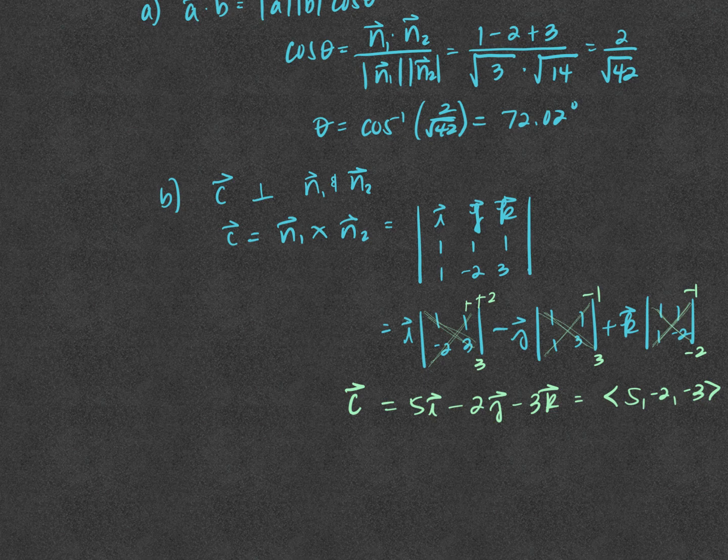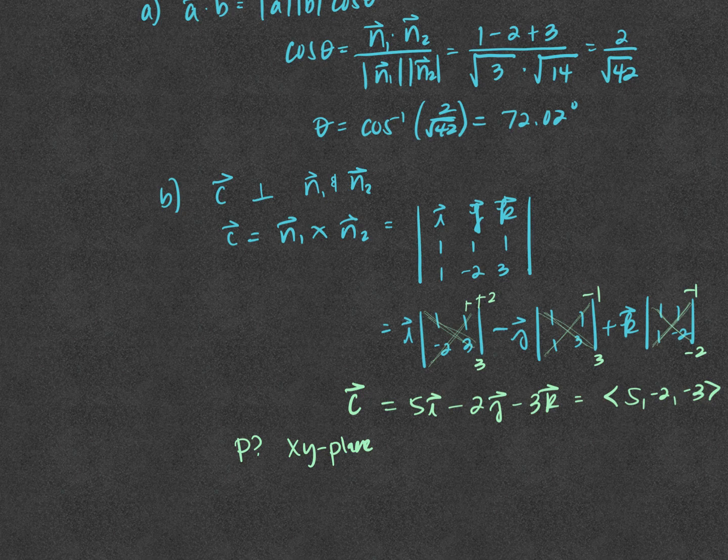So that is what we need for our vector, but we need a point that's intersecting these planes. Let's find a point on the XY plane. It doesn't really matter, but it's a little bit easier.